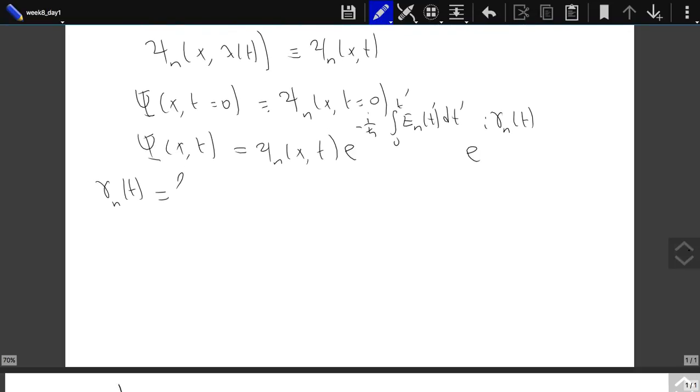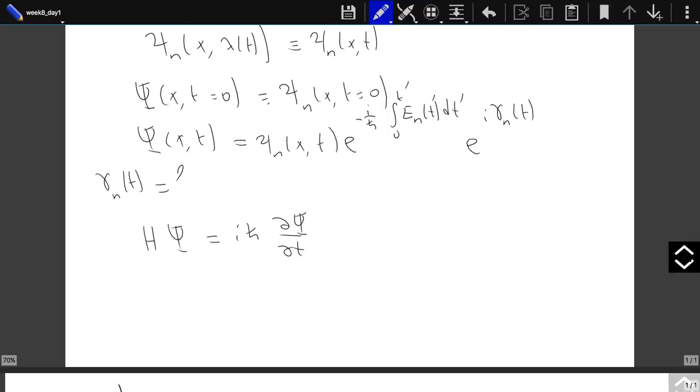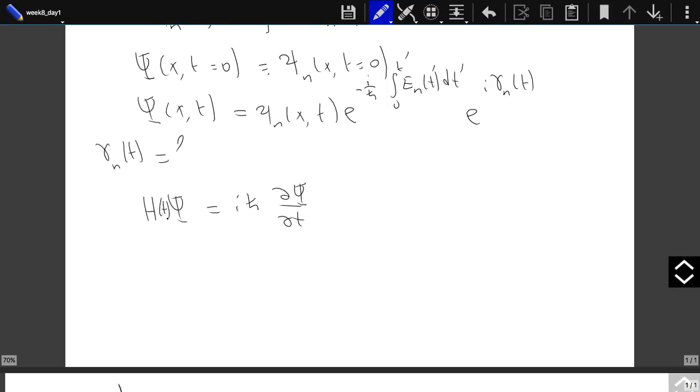The adiabatic theorem basically states that this should be our solution at the time t. So this should satisfy the time-dependent Schrödinger equation. Let's just plug it in. H acting on psi should be equal to i h bar d psi by dt. This H depends also on time t now, because our parameters depend on time t.